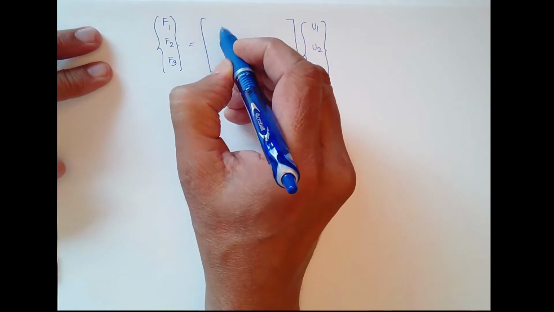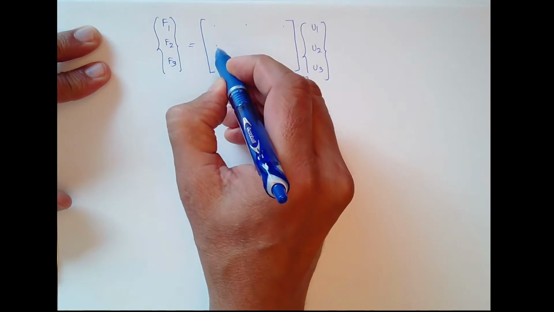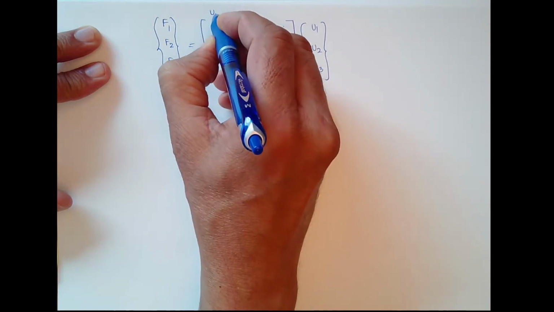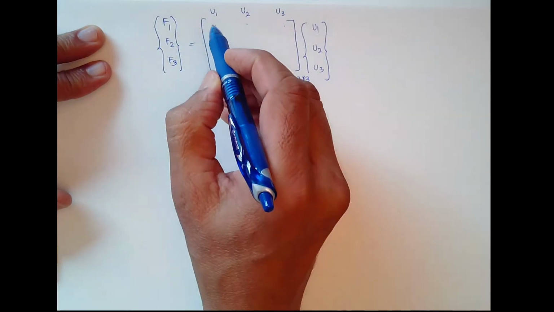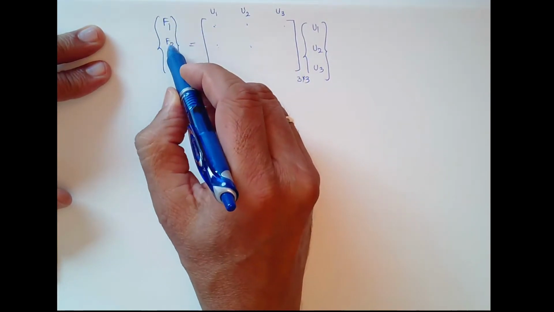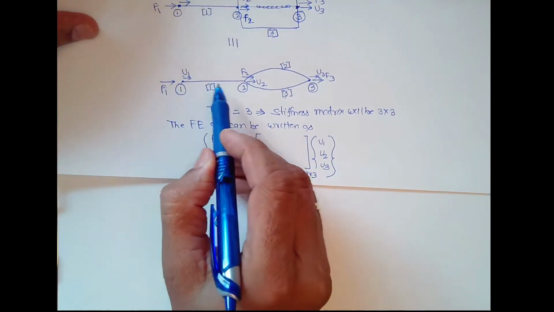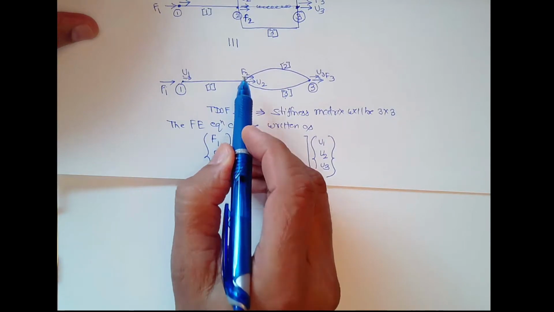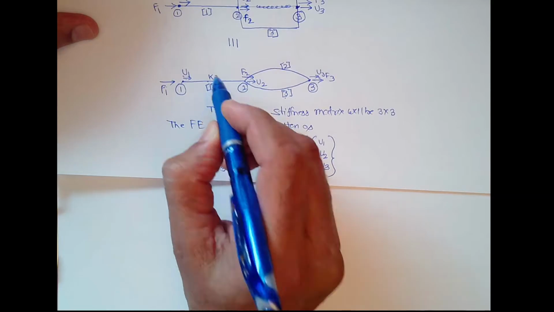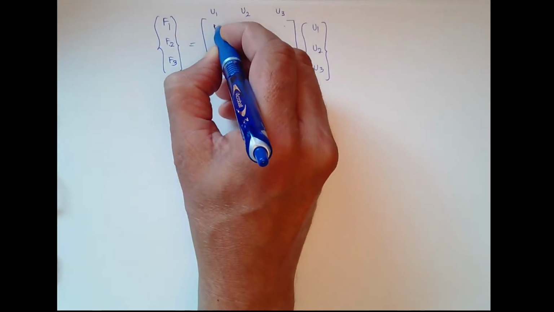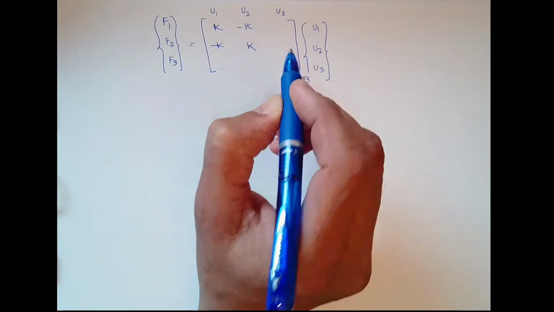So there will be entries 1, 2, 3. Between F1 and F2, U1 and U2 are connected. The stiffness of this element is K1. So I know this will be K, minus K, and K.